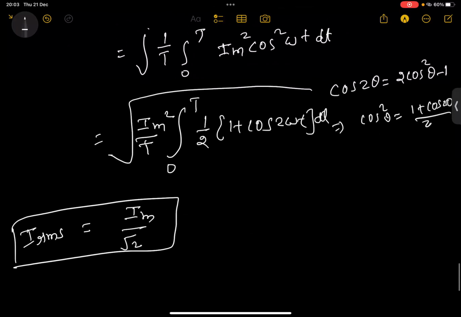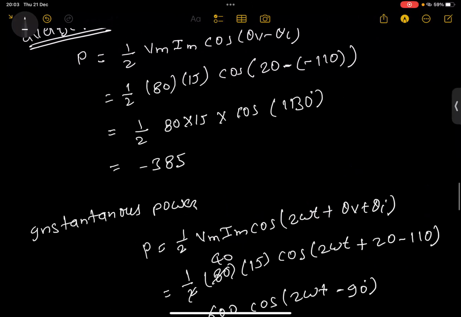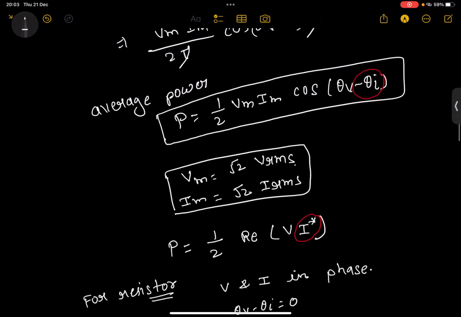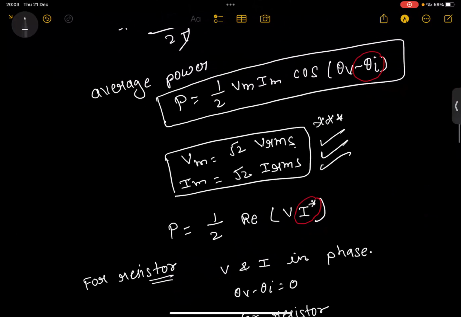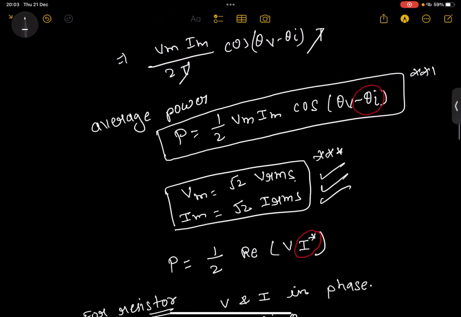I've already told you this. Remember this star one. The star one is the most important thing to remember.